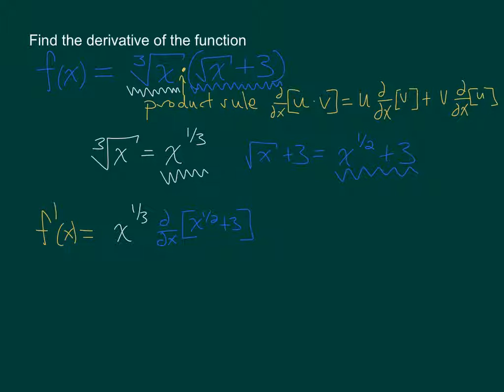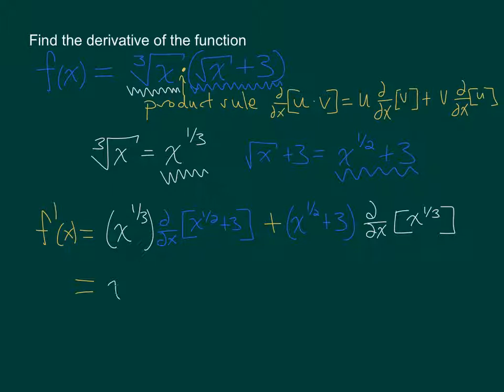And to that we are going to add the second function, x to the 1/2 power plus 3, times the derivative of x to the 1/3 power. So now, in order to keep doing this derivative, we need to find these particular derivatives within our product rule.